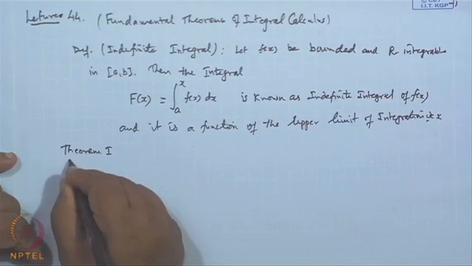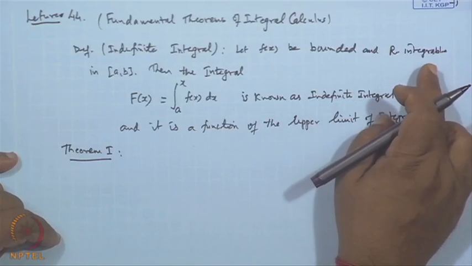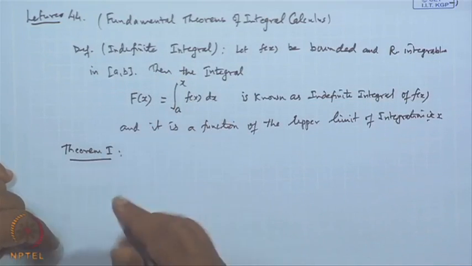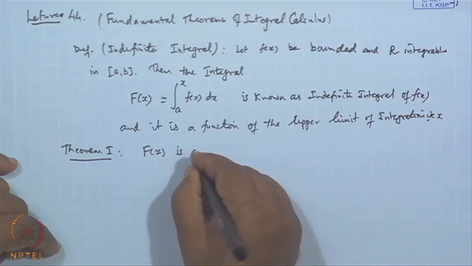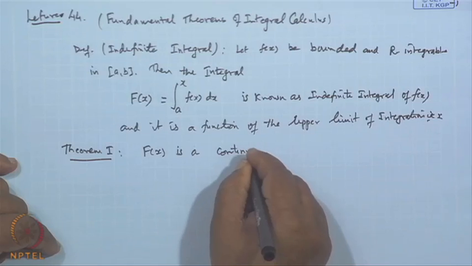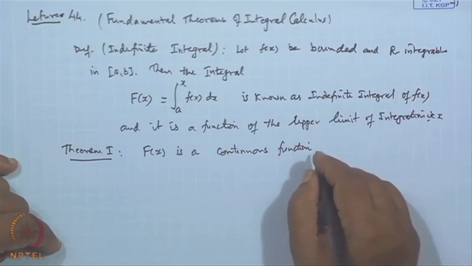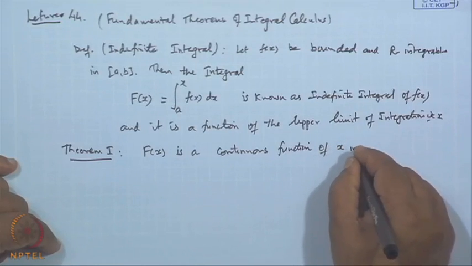that if the function f(x) is bounded and Riemann integrable in the interval [a, b], then the function F(x) will be a continuous function of x in the closed interval [a, b].